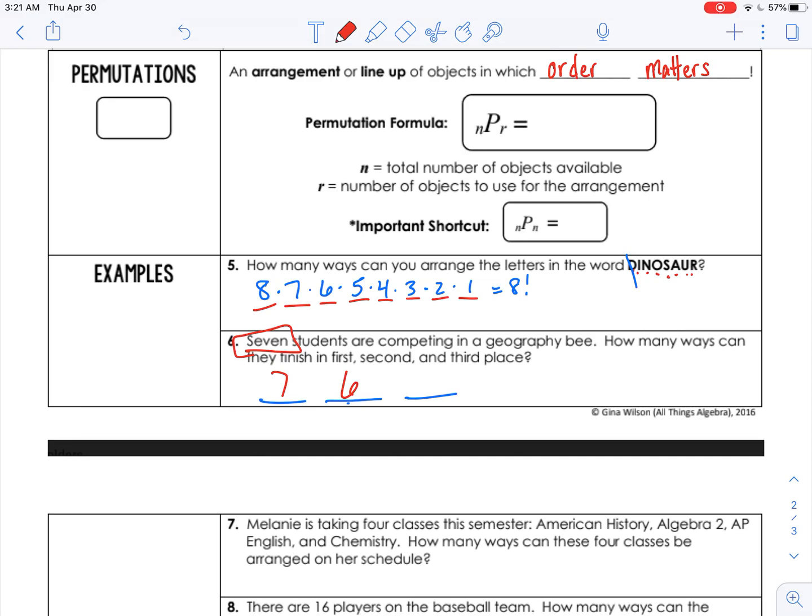Now, 1 kid has first place, second kid has second. And how many students are left to pick from for third place? I've already used 2, so 5 kids are left. And I would multiply them together. So 42 times 5 would get me 210.